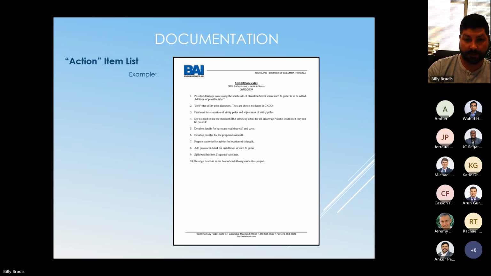Or on the flip side, maybe there's another engineer going to be working on the project that wasn't involved in 30%. This little list is very crucial and a good learning thing for them. As they pick up a project that somebody else may have done, this is a very good list for them to say, okay, I see that they still need to do X, Y, and Z.